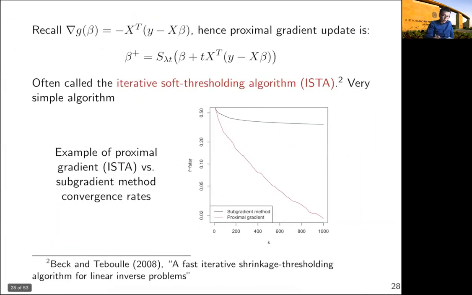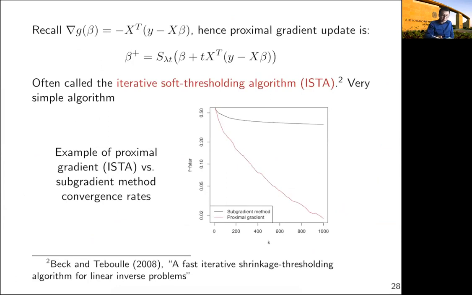Okay, so if we compare the subgradient method and the proximal gradient descent for the lasso problem, this algorithm is also called the iterative soft thresholding algorithm, ISTA. That's coming from a very popular paper more than 10 years ago.